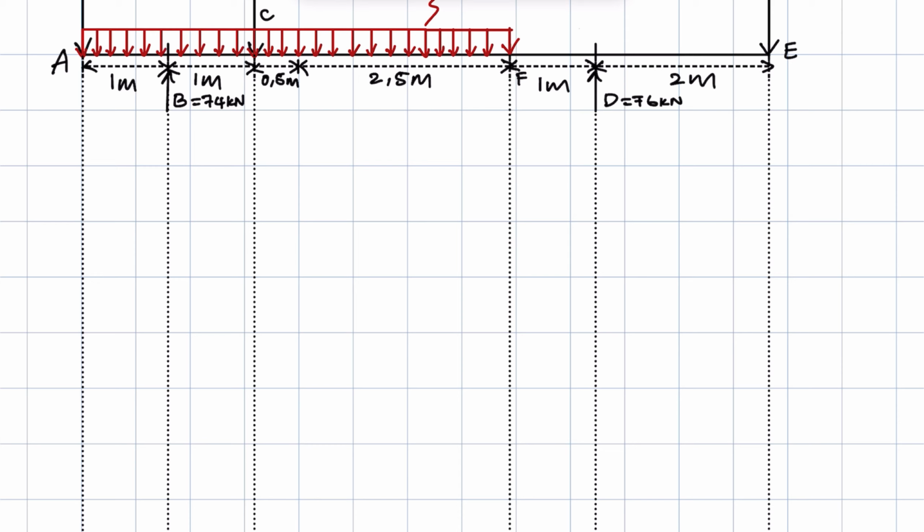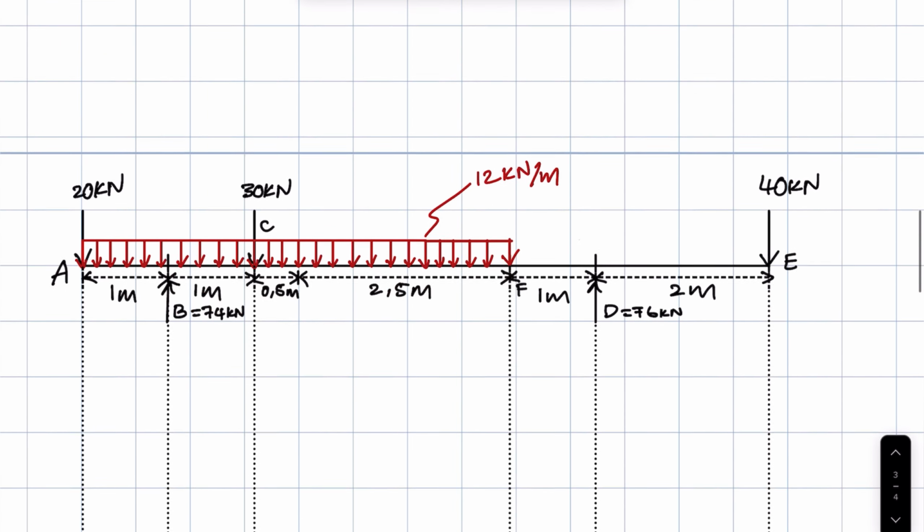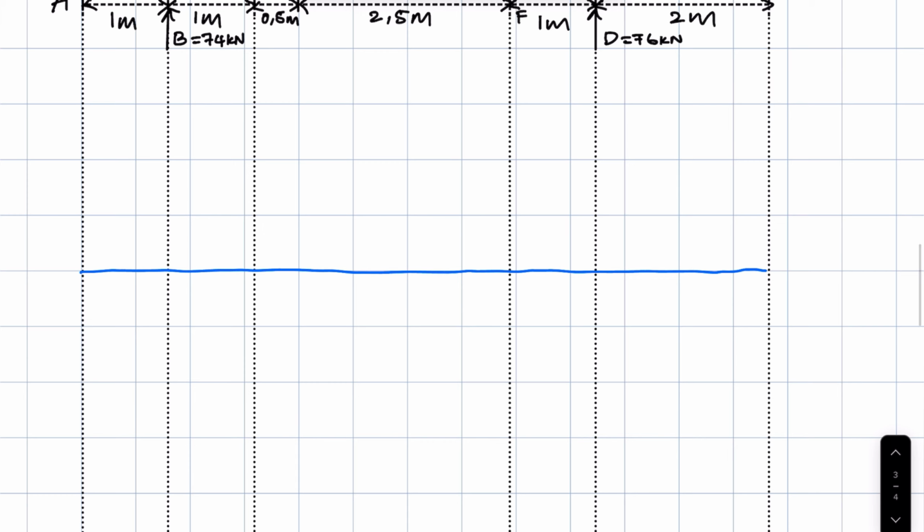Now both the diagrams are going to have a 0 line. So let's say our 0 line is right there. Okay, let's try that again.